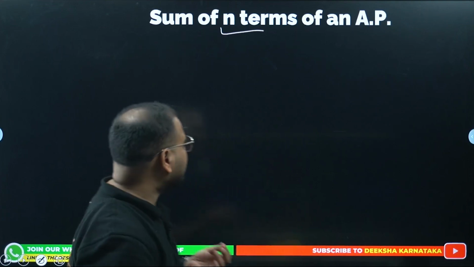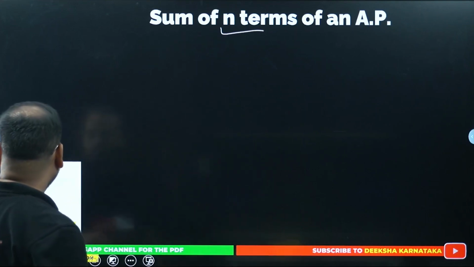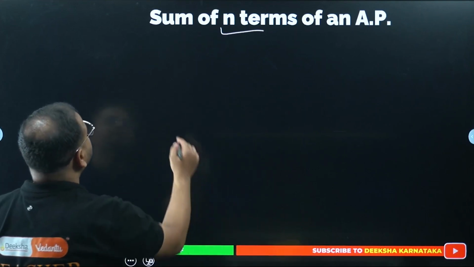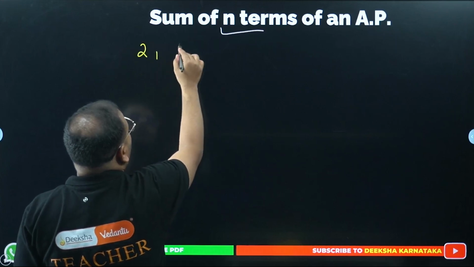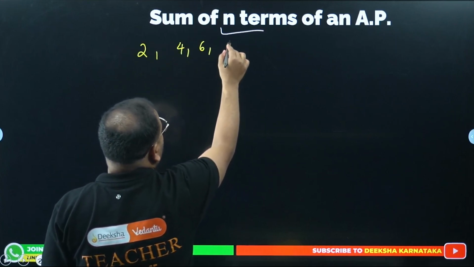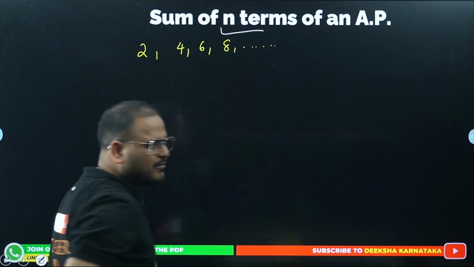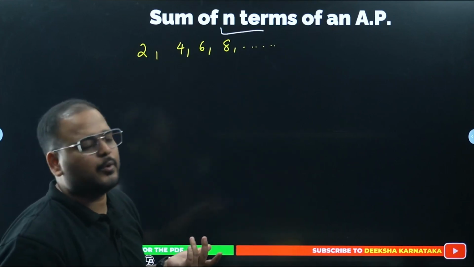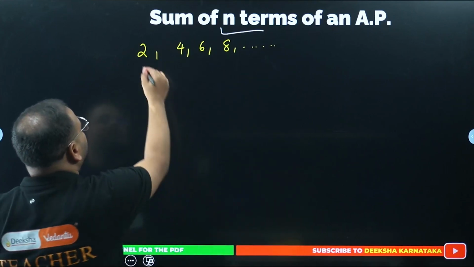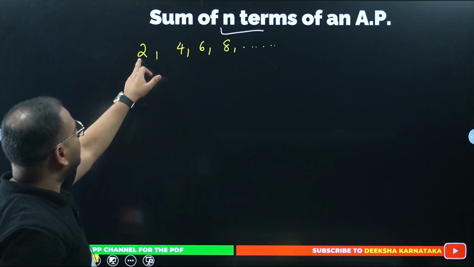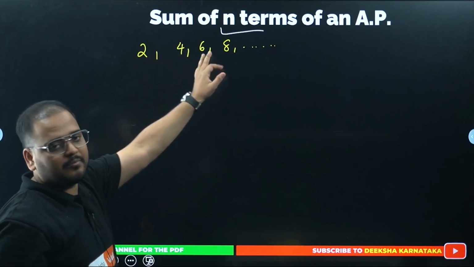Let's take an AP, the same one: 2, 4, 6, 8 and so on. Why? Simple enough to understand every concept in it. What is this called? First term, second term, third term, fourth term.